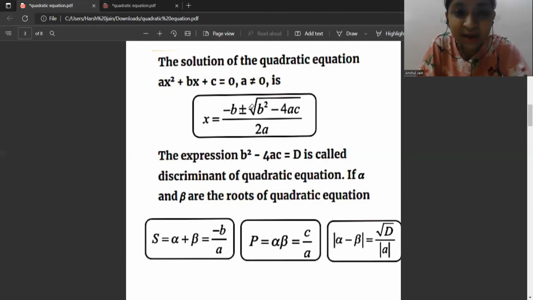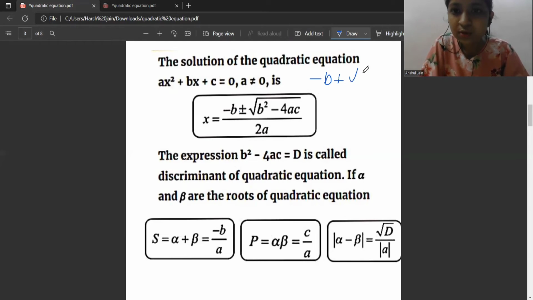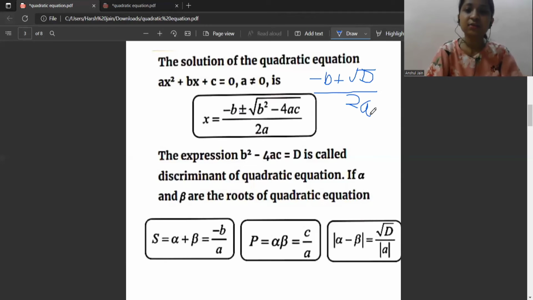Don't just think of plus minus; let me write what this means. This means minus b plus under root D, where D is b squared minus 4ac, upon 2a, right?